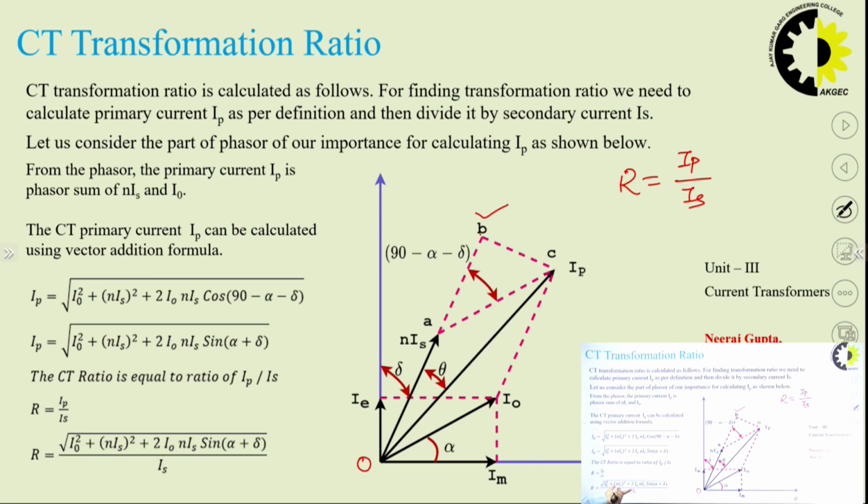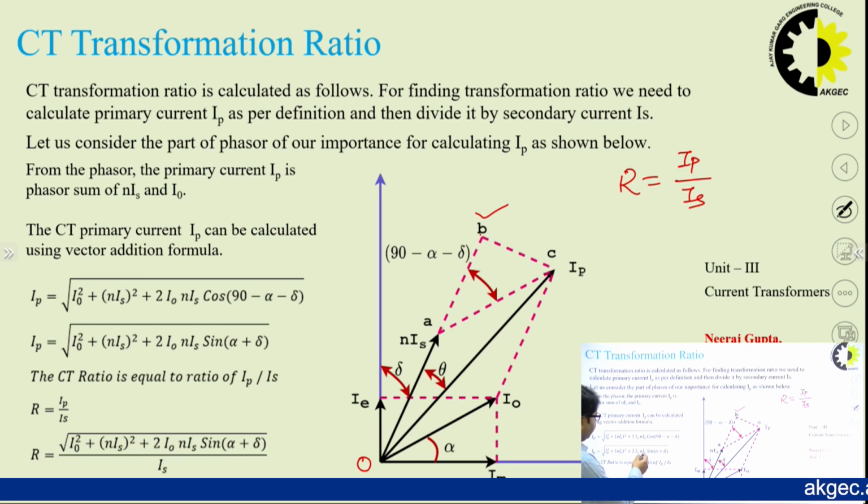So, R will become under root I naught square plus NIs square plus 2 I naught NIs sin alpha plus delta. We will neglect over here a specific component. This 2 I naught NIs cos 90 minus alpha minus delta will be sin alpha plus delta as per the description.